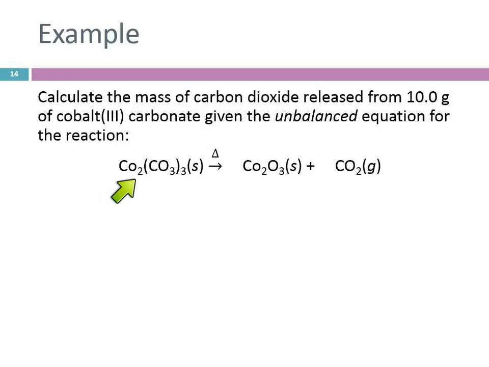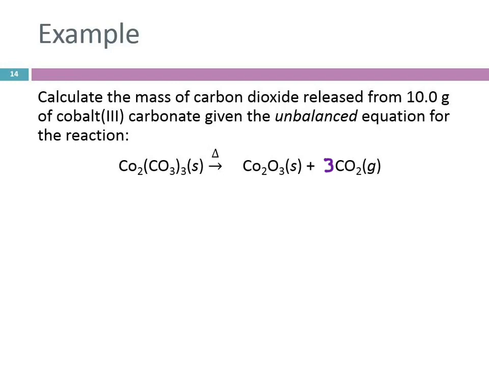There's 2 cobalts on this side, 2 cobalts on that side. How many carbons here on this side? 3. There's this carbon here inside the parentheses, and there's 3 of those units. So 3 carbons, and over here we have 1 carbon. So if we put a 3 here, that'll balance the carbons.